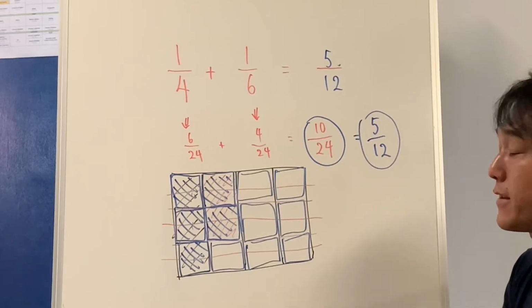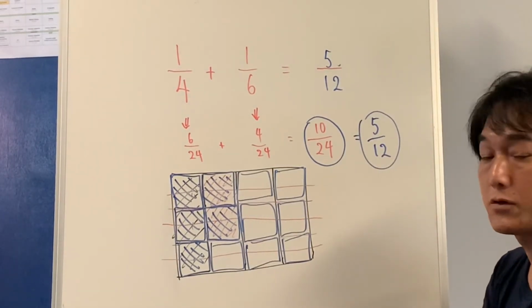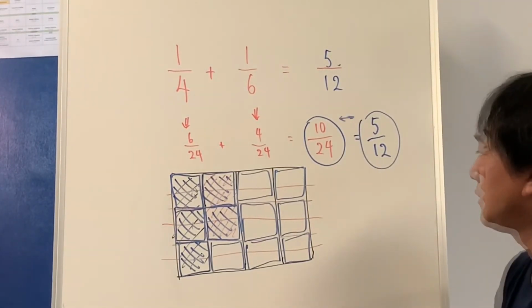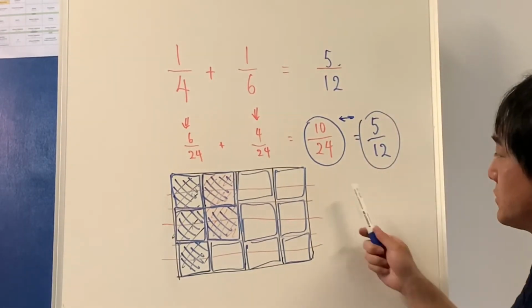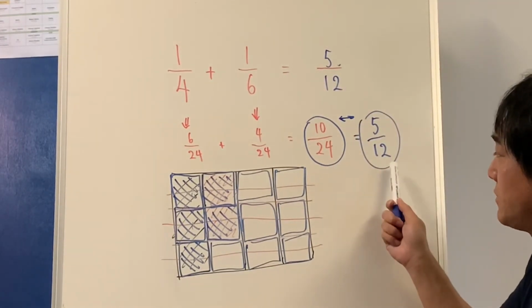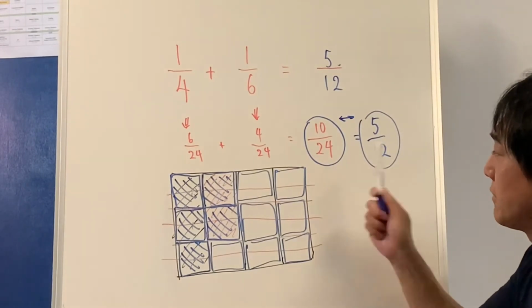There's nothing wrong with that. 5/12 also is a good answer too. If you're good at finding equivalent fractions, you may be able to give a slightly better answer, but 10 24ths is fine.